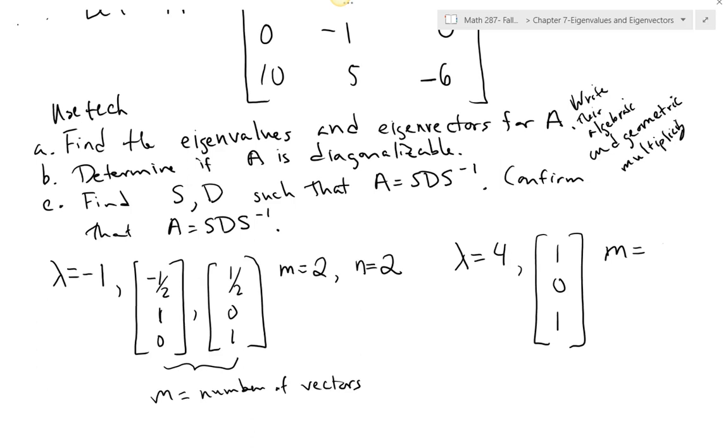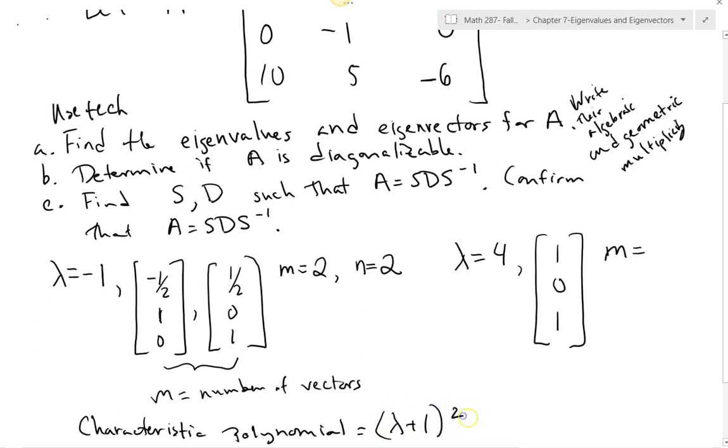So in this case, our characteristic polynomial, here I'll write it out, ended up being lambda plus 1 squared times lambda minus 4. So the algebraic multiplicity is that 2 right there.